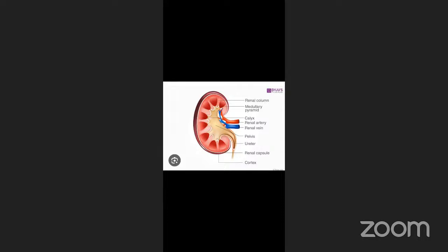Now, how is it converted to urea? It is usually converted in the process referred to as the ornithine cycle. In this process, the ammonia reacts with the carbon dioxide to form urea. Urea is a less toxic substance which is taken to the kidney through the blood.